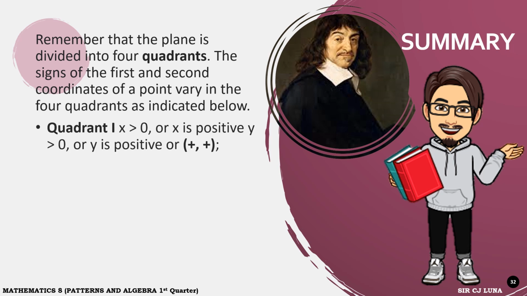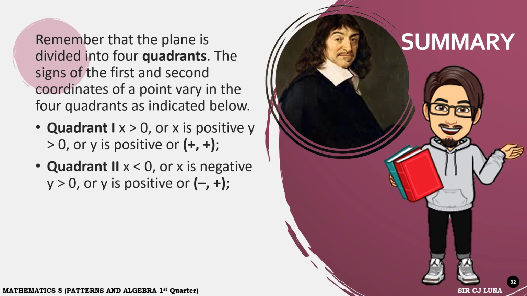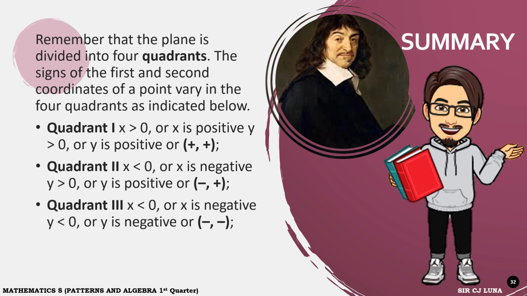Quadrant 1, your x is positive, your y is also positive. So the signs are positive, positive. In quadrant 2, your x is negative or less than 0, and then your y is positive. Therefore, the signs are negative, positive. Quadrant 3, both signs are negative.